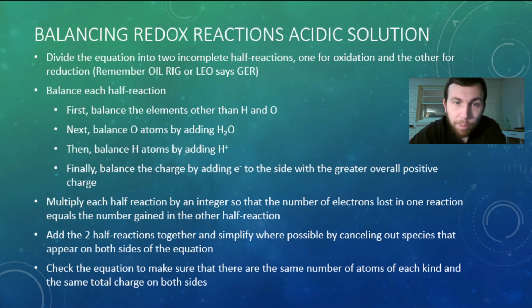Maybe you'll have H+ on both sides, but they cancel out so that you have a certain number left over. You keep doing that until everything is canceled out and simplified. And then lastly, you check your equation to make sure there's the same number of atoms of each kind and the same total charge on both sides. If you meet those criteria, then congratulations, you have balanced a redox reaction.